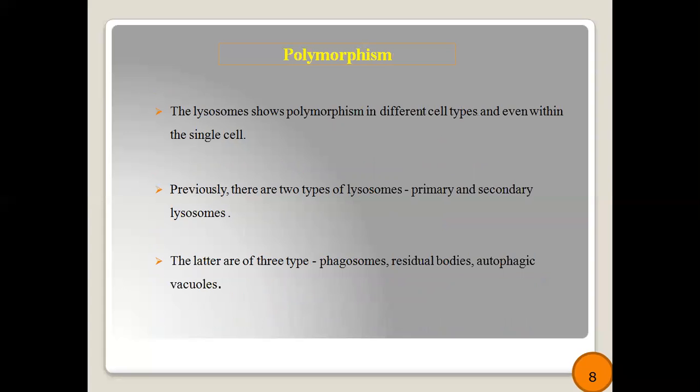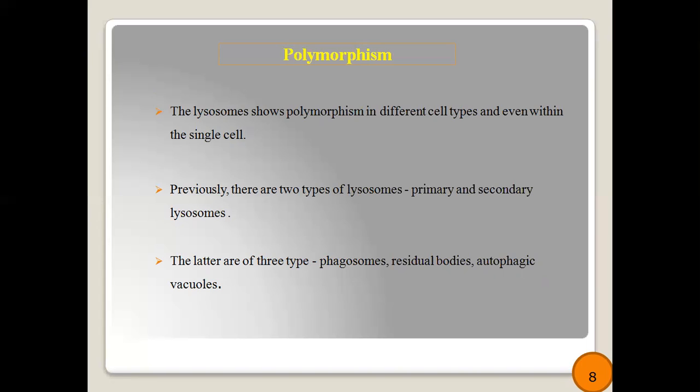So the polymorphism of lysosomes is as follows. The lysosomes show polymorphism in different cell types and even within a single cell. Previously there were two types of lysosome. First one is the primary and second one is the secondary lysosome.